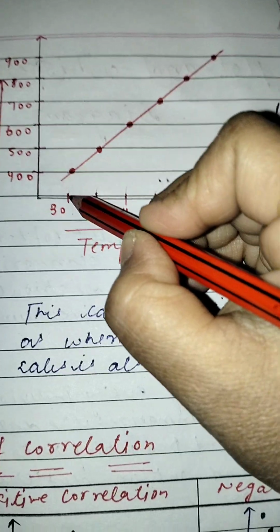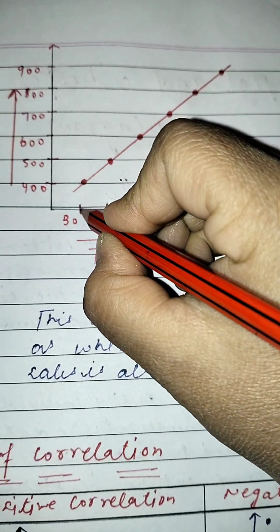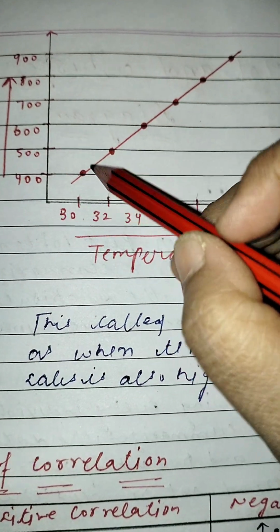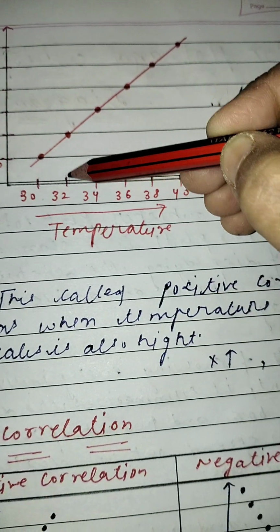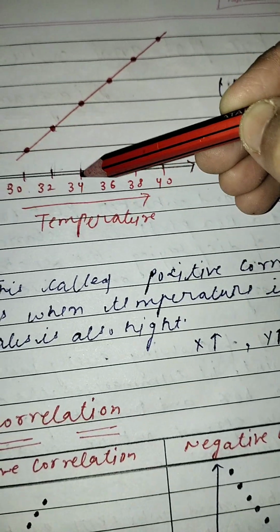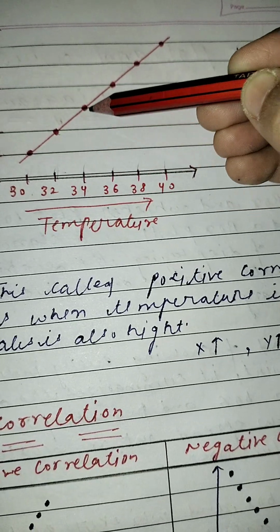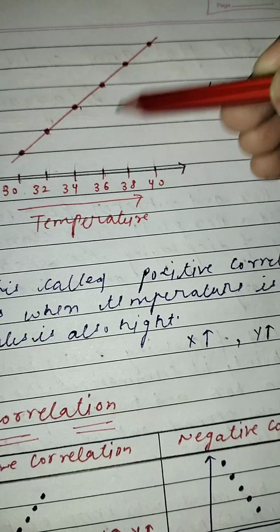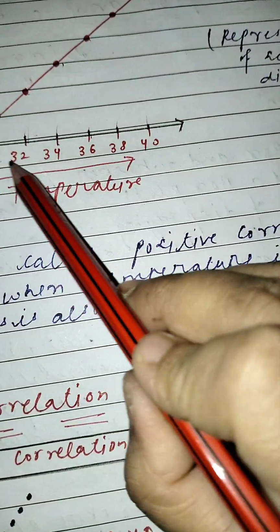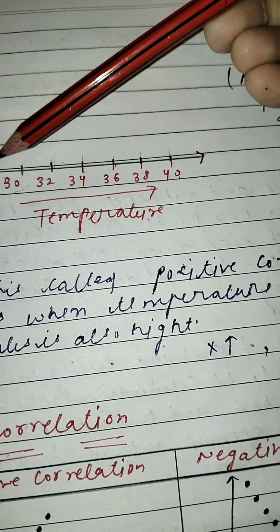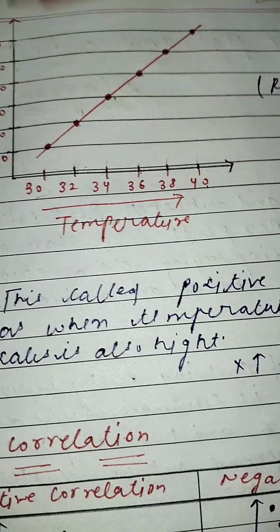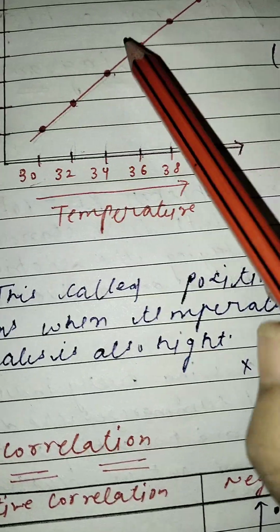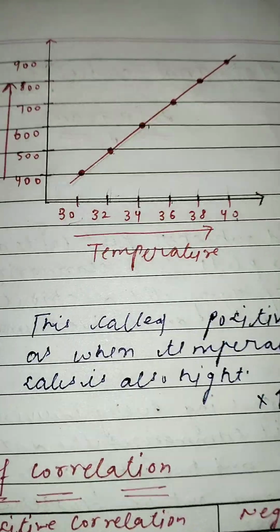See, when temperature is 30, ice cream sale is 400. But when temperature is increased, the sale is 500. When temperature is 34, the sale is 600. The temperature is 36, the sale is 700, and so on. It means with the increase of temperature, there is also an increase in sales of ice cream. So this is the line, and this is called the representation of a scatter diagram.